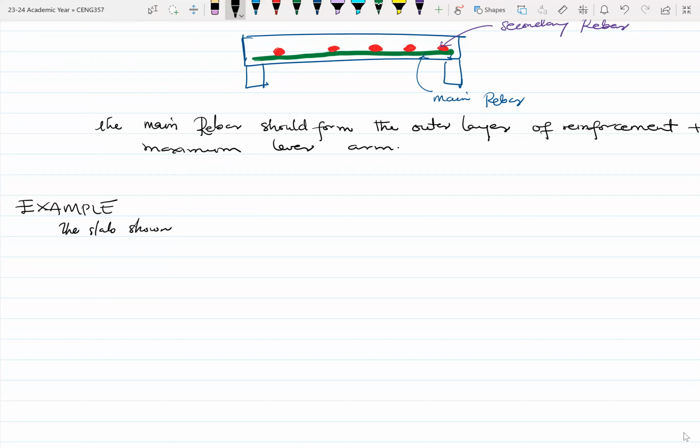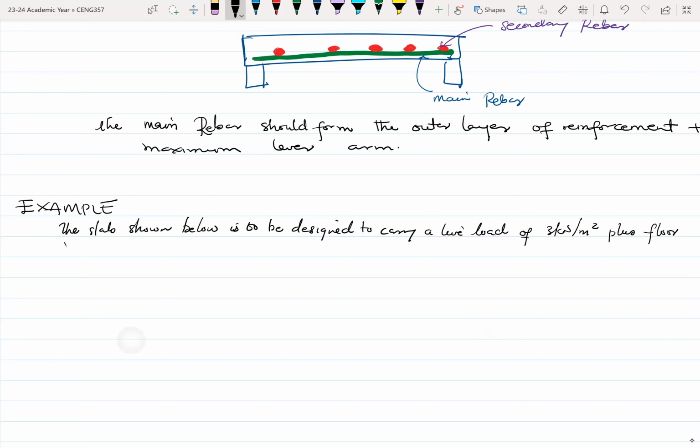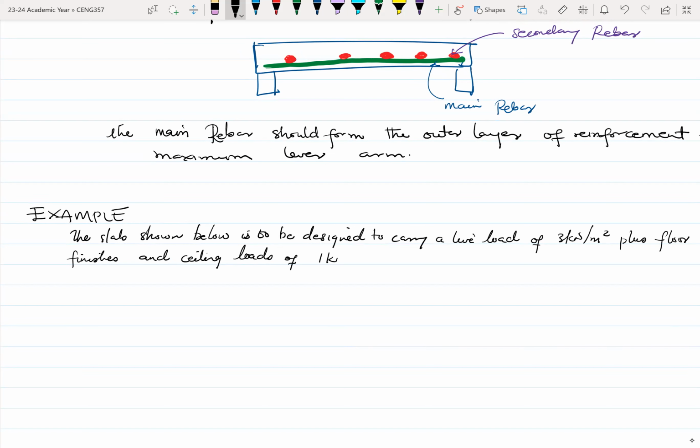The slab shown below is to be designed to carry a live load of 3 kilonewtons per meter squared, plus floor finishes and ceiling loads of 1 kilonewton per meter squared.